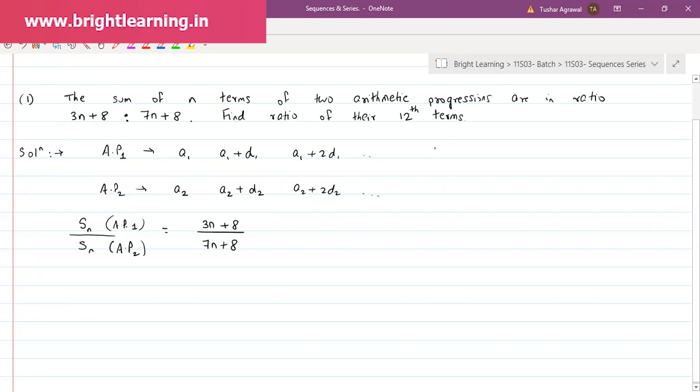Okay, and what is asked is to find the ratio of the 12th terms. The 12th term is A1 plus 11 times D1, yes or no? And for the second AP, the 12th term is A2 plus 11 times D2. This ratio is being asked. Correct? This is my target. Yes, sir. Okay. This is my target.